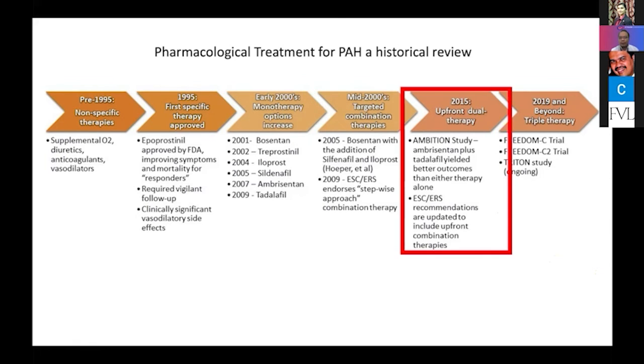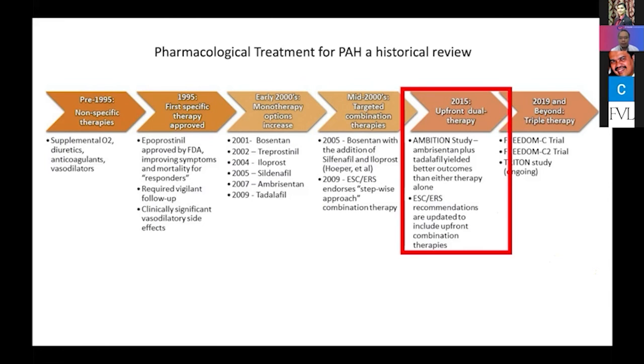Not until the year 2019, where there was a proper study looking at this 3-point MACE by virtue of the AMBITION study. So the AMBITION study studied two medications at once.